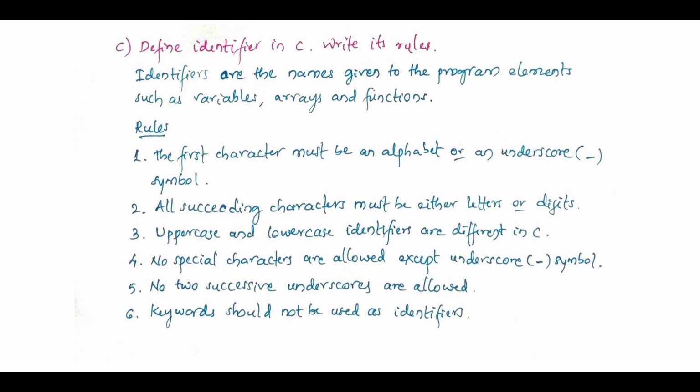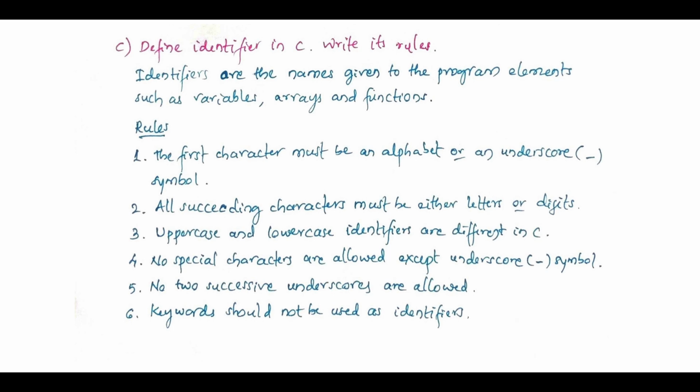There are rules to follow whenever you are going to give the identifier names, which means you can see the first character must be an alphabet, or you can use underscore.